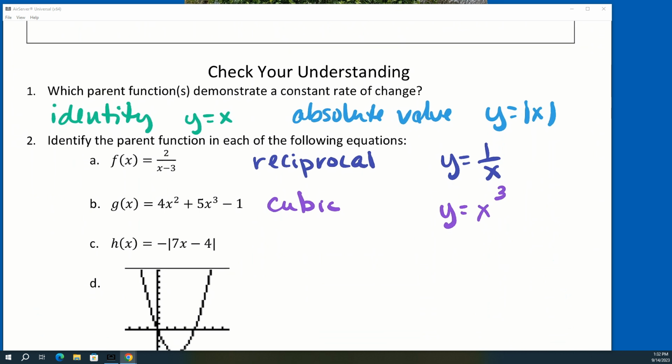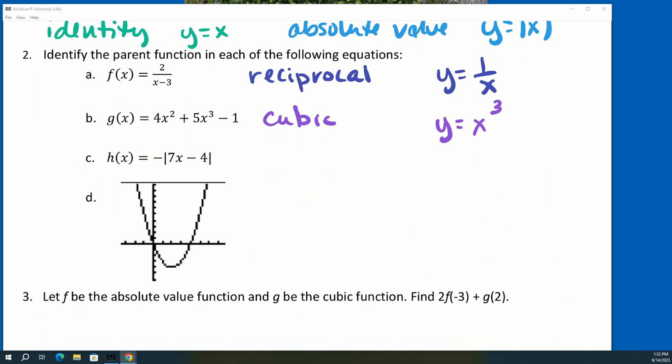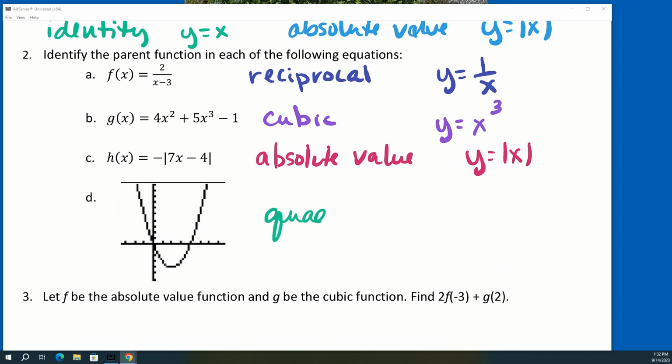All right, C is fairly obvious. What do y'all think? Good. Absolute value. All right, and I do also want you to be able to recognize them from the shape. So what do you guys think about D? Nice job. And the shape is a parabola.